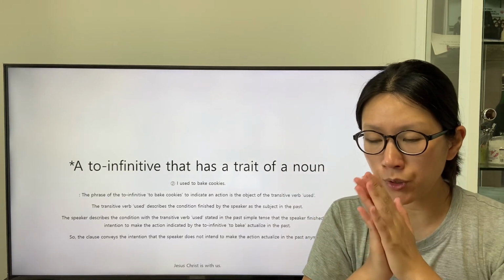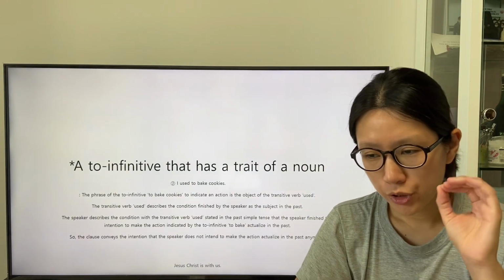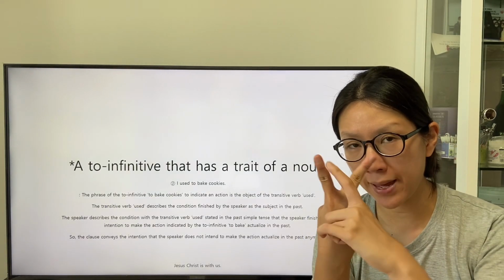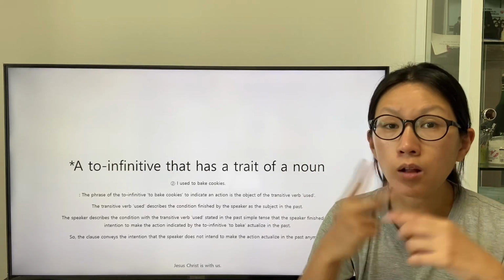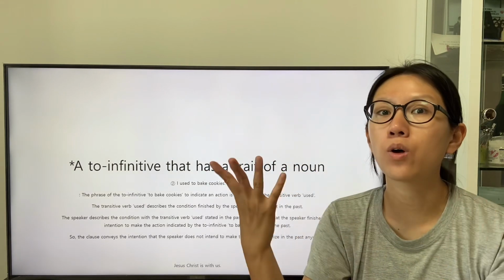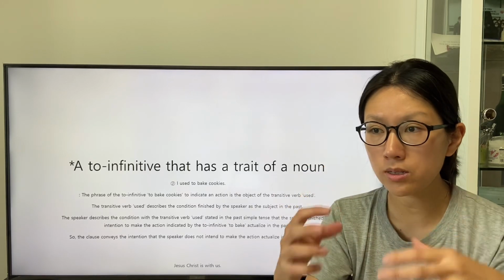The definition of the verb described by the modal verb shall in the past was not made at the present when the speaker states the clause in the conversation.